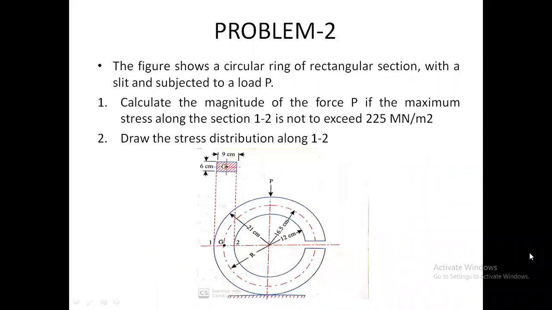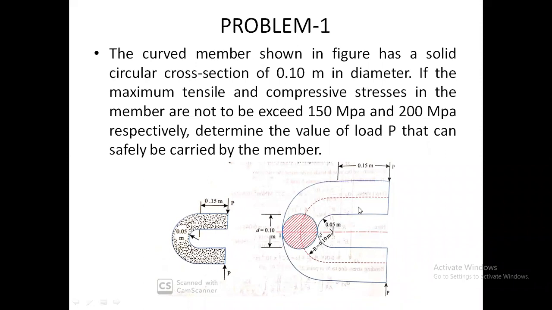Please note the diagram carefully. This is a curved beam. Why is it represented as a circle here? To say it is a circular cross section. So they are representing it as a circle. It is a circular cross sectional beam which is curved.